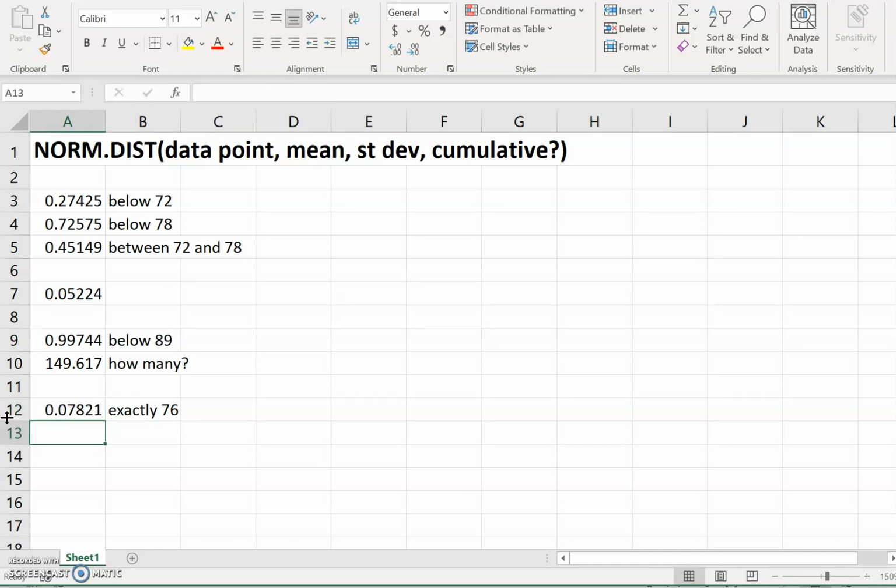All right, so we think about 7.8% of students scored exactly 76. And then we can do the same thing. If we want to know how many, just multiply that by 150. So same tools, we're just toying around with them. But anyway, that's giving us some flexibility, looking above, below, between two values, and at exactly one value.